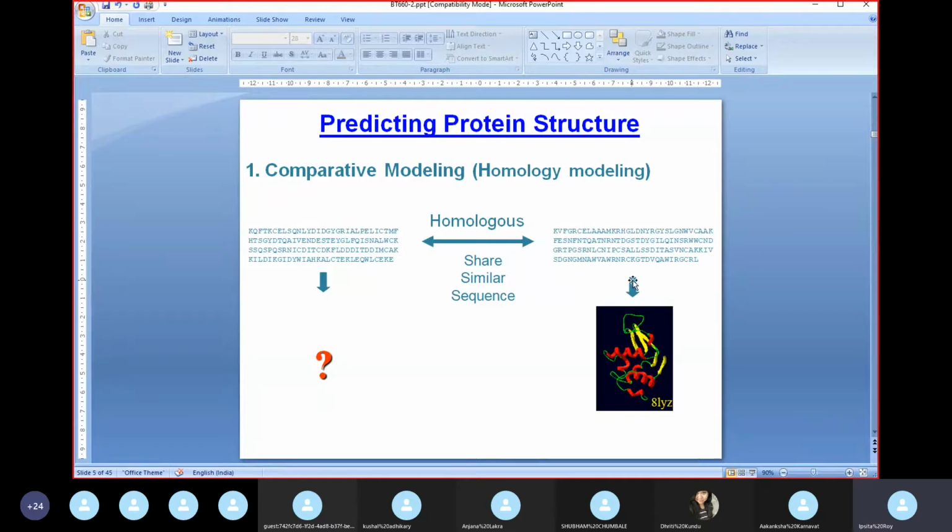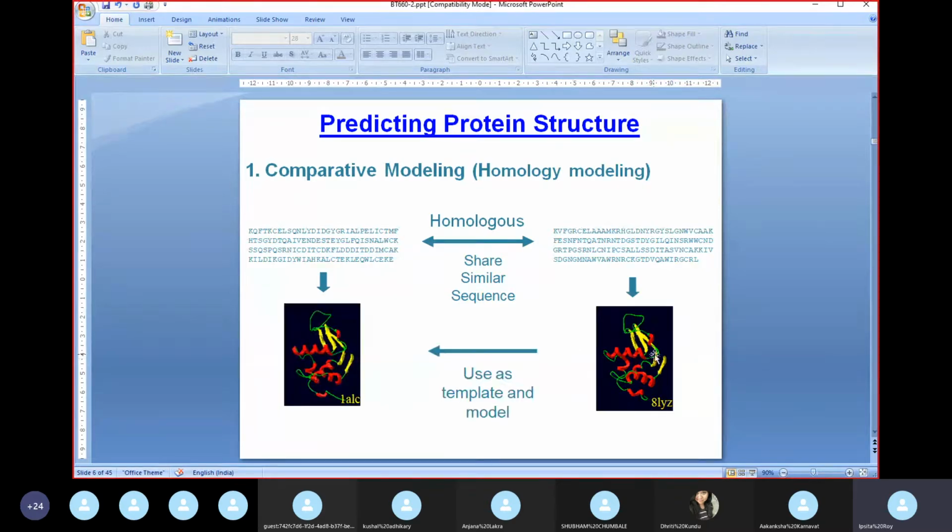And so in all of this, the first point is how good your template is. That will determine how good your fit is when you try to fit this sequence onto this. So the next step is very obvious, that you will try to fit your sequence onto this three-dimensional structure wherever it fits. And so you use this as a template and model your sequence.